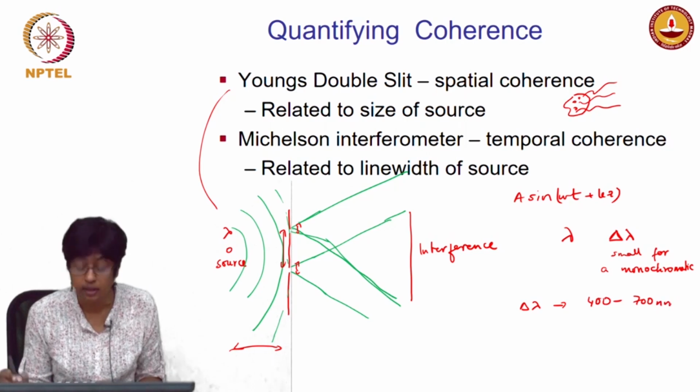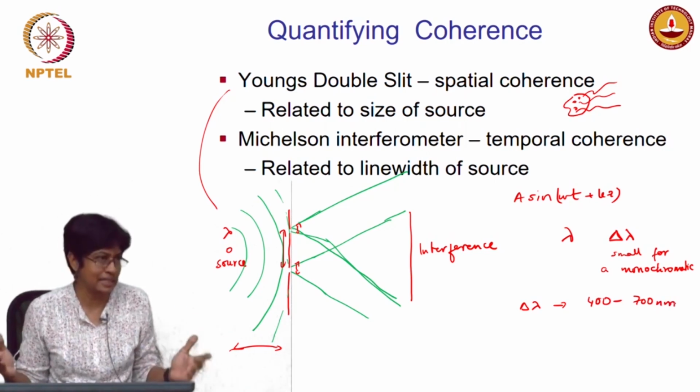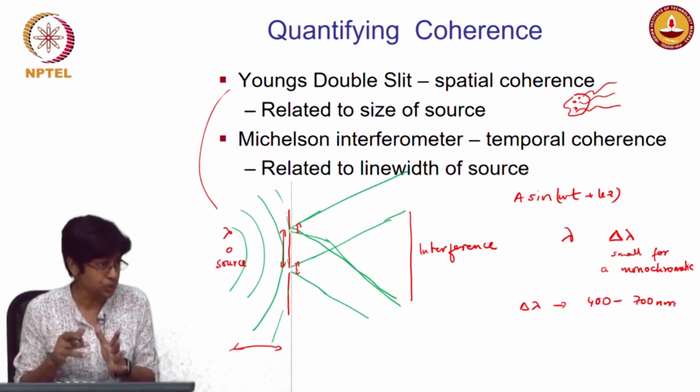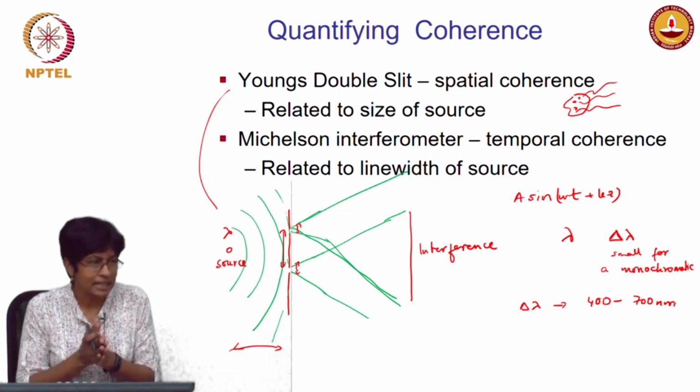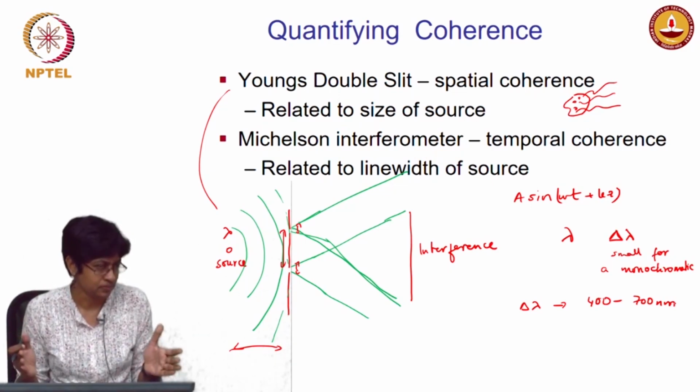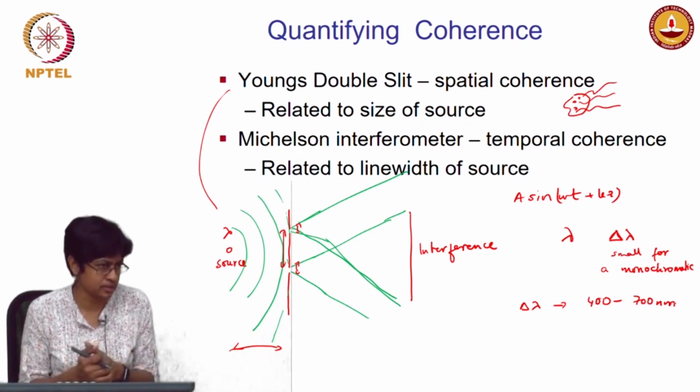So, you can be talking about 300 nanometer delta lambda for a white light source, and that is a source with poor spatial coherence. So, you know now that for a monochromatic source, the spectral width has to be much less than 300 nanometers in order to have good spatial coherence. Okay?